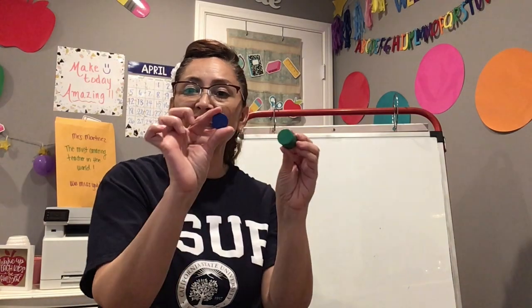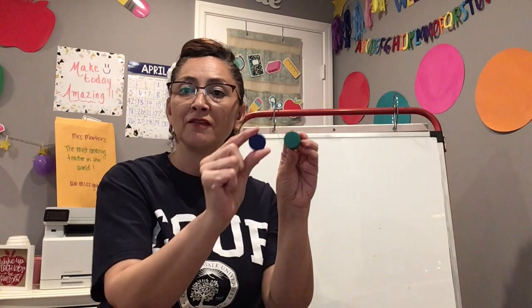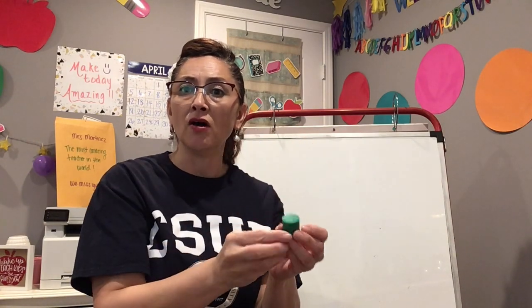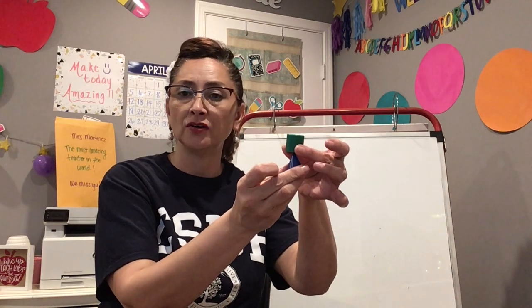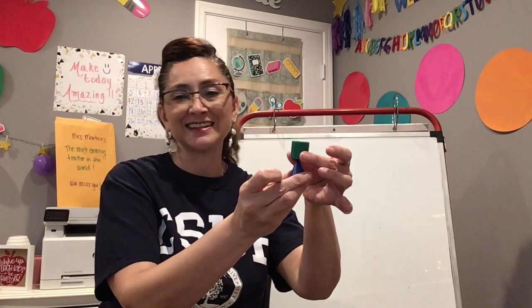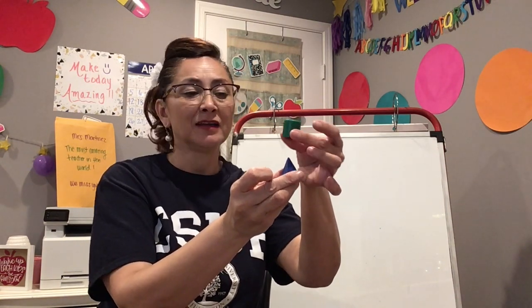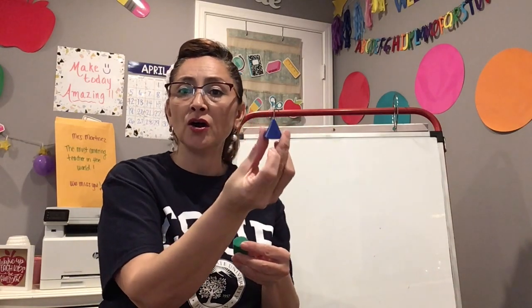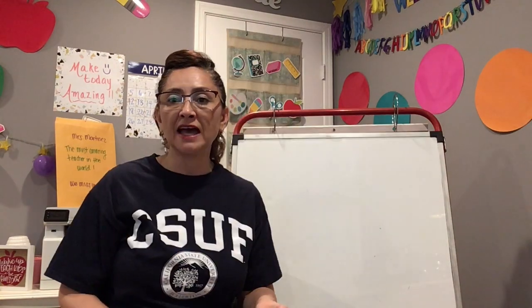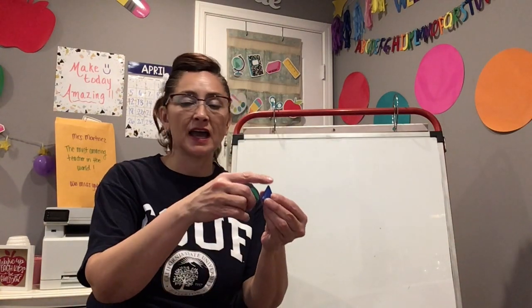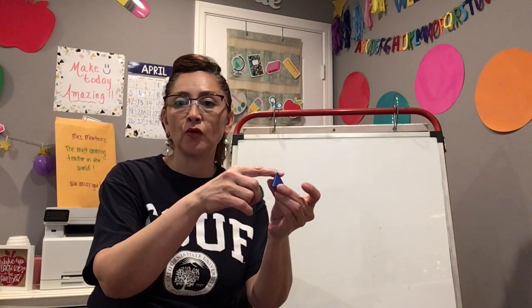That's right, because they each have a flat surface. Now, can you take the cylinder and stack it on the cone? That's right, we can't do that because the cone has a pointy top and nothing can stack on that point.